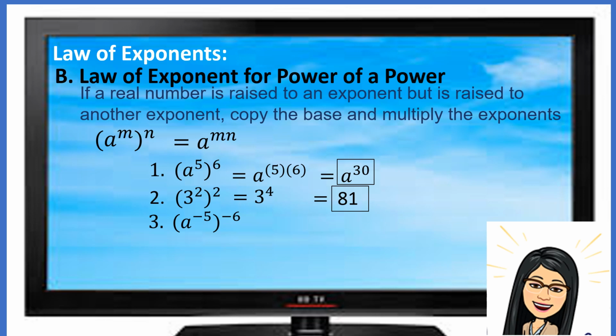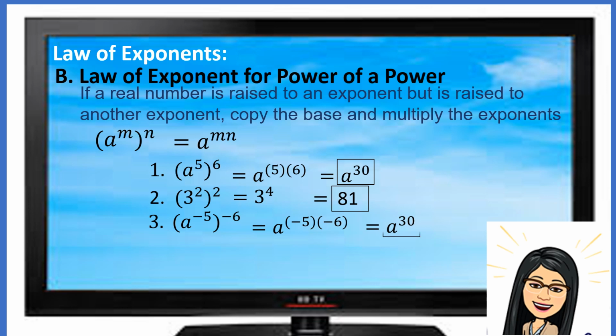Now let us consider the next example. A raised to negative 5 is raised to negative 6. Let us copy the base a and multiply negative 5 times negative 6. We obtain a raised to positive 30, since multiplying negative to negative will give us positive.